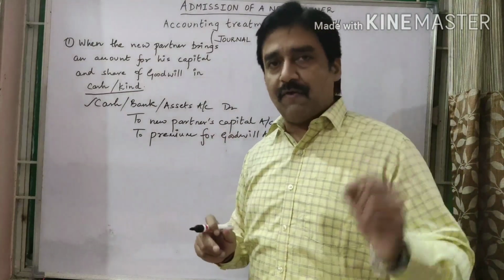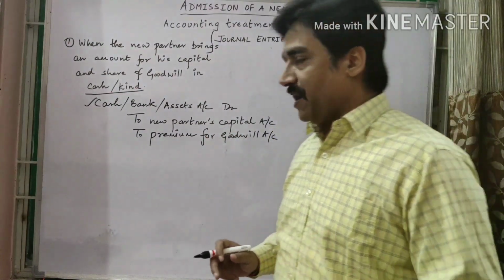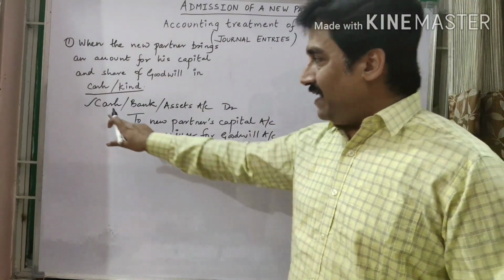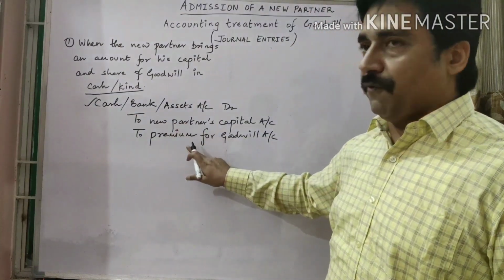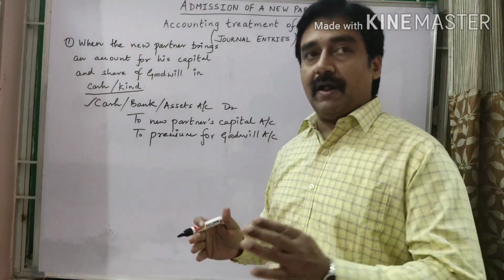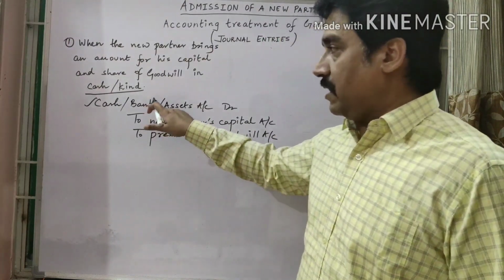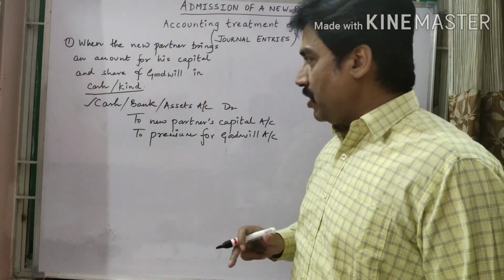And in most of the questions, in most situations, you will find that the new partner is bringing that amount for capital and his premium for goodwill in cash. Therefore, cash account debit to new partner's capital and premium for goodwill, this entry we will be doing most of the time. But if the question mentions that he is bringing it through a check or a bank draft, then the entry would be bank account debit.